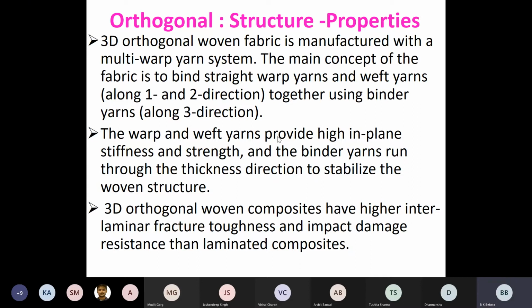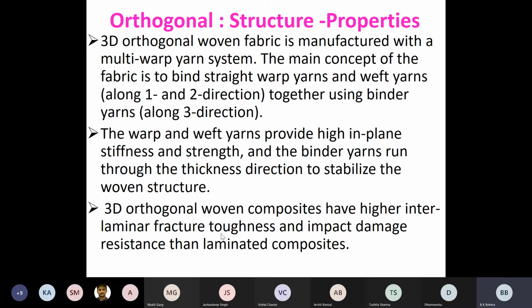The warp and weft yarns provide high in-plane stiffness and strength, and the binder yarns run through the thickness direction to stabilize the woven structure. 3D orthogonal woven composites have higher interlaminar fracture toughness.